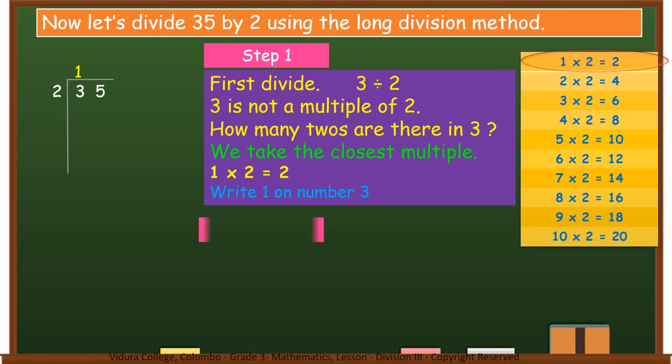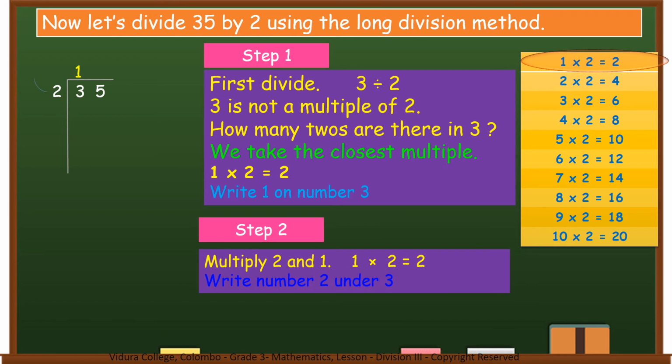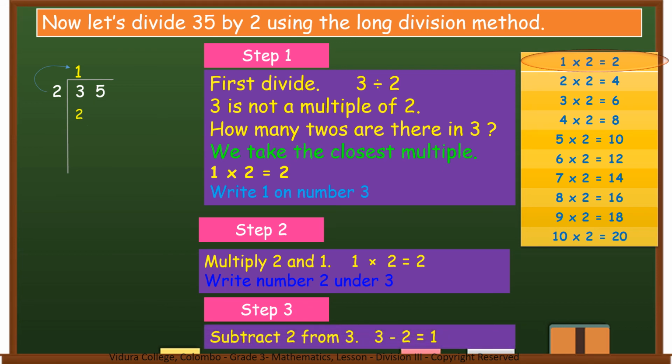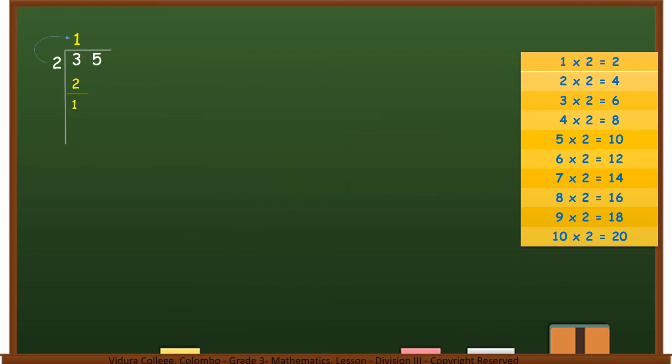Step 2. Multiply 2 and 1. 1 times 2 is 2. Write number 2 under 3. Step 3. Subtract 2 from 3. 3 subtract 2 is 1. Step 4. Bring 5 down.